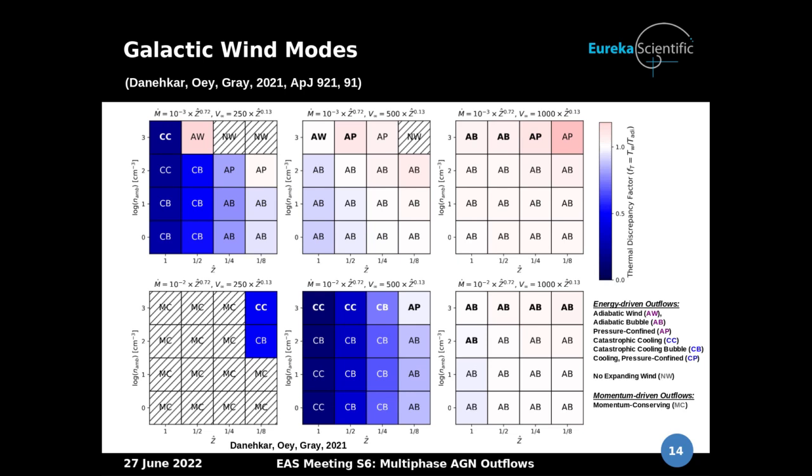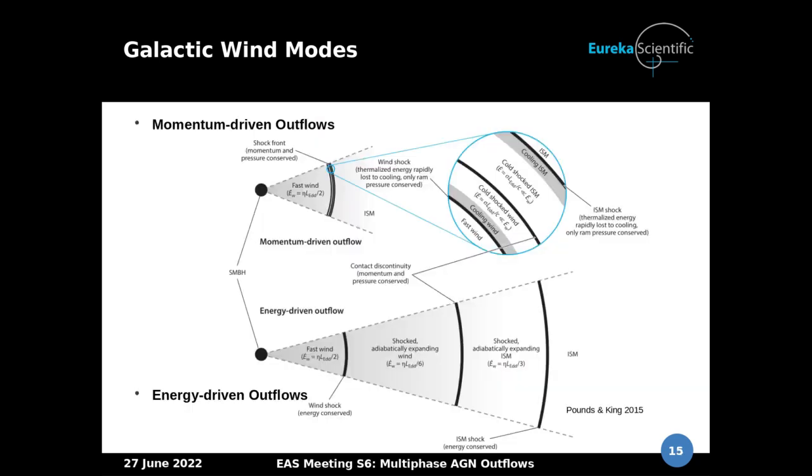And here is a different plot. As you see, by increasing mass loading rate, we also increase radiative cooling. And in this plot you see different collective wind modes: energy-driven mode and momentum-driven modes. Bottom left we have momentum conserving, and this is a schematic view of momentum-driven and energy-driven outflow.